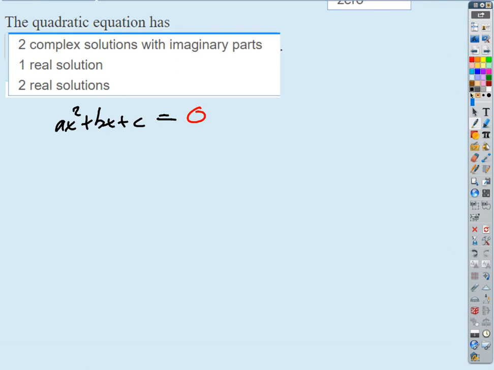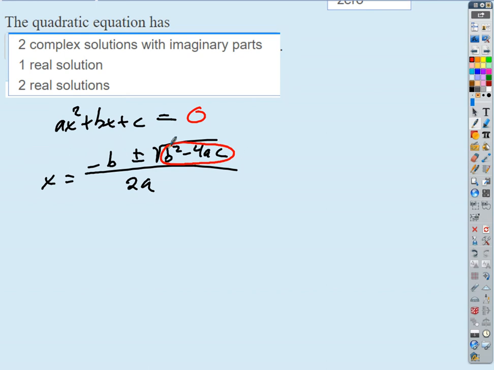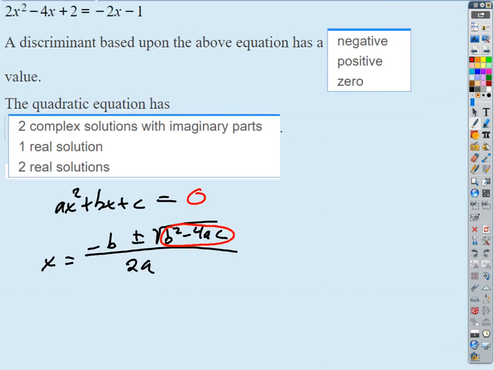And we know that the quadratic formula follows, so x is negative b plus or minus the square root of b squared minus 4ac, divided by 2a. Okay, the part that we're interested in here is that part, right? That's the discriminant. It's the part that sits under the radical in the quadratic formula.